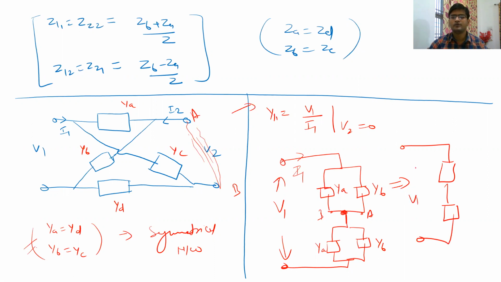So this is your V1, the whole voltage, this is your current I1, and this is your YA plus YB, and this is also your YA plus YB. When two impedances are in series, they just get added. But if admittances are in series, the opposite happens, and it is a kind of parallel combination of two impedances.